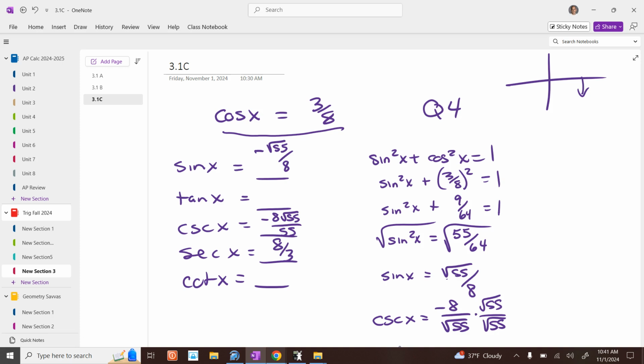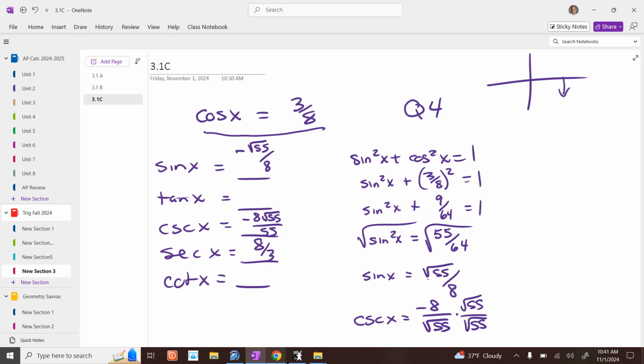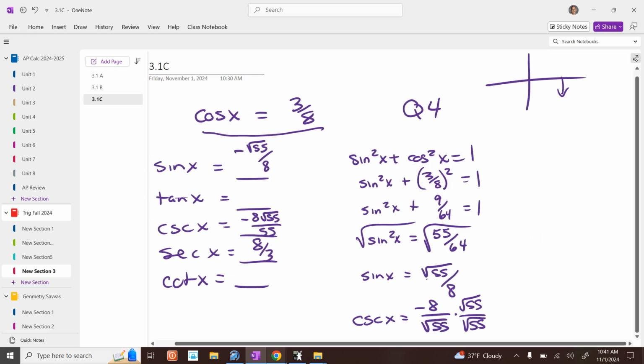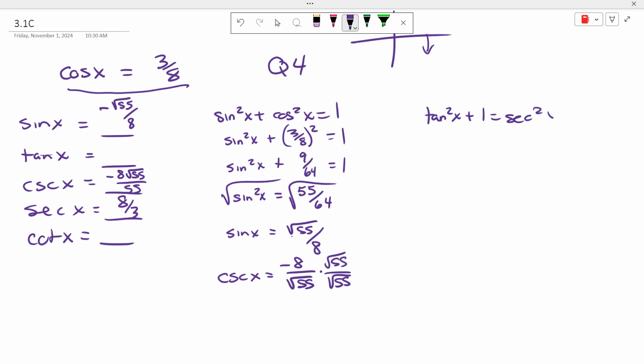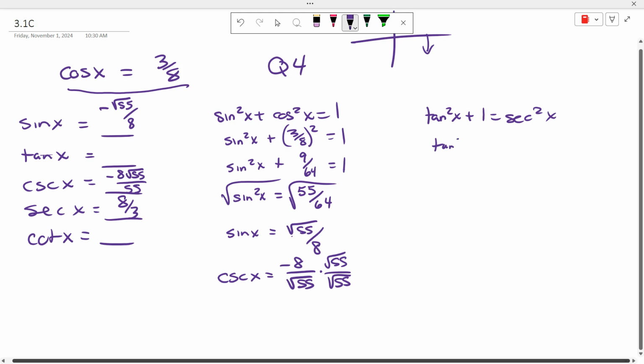Now, to find tangent, what Pythagorean identity is tangent in with? Secant. Tangent and secant belong to the same one. So tangent squared of x plus 1 equals secant squared of x, right? So tangent squared of x plus 1 equals 8/3 squared.